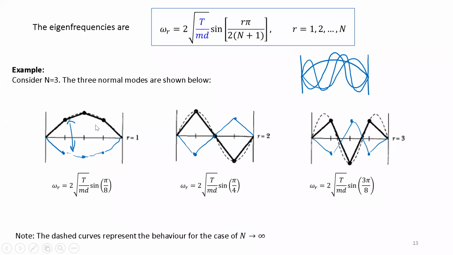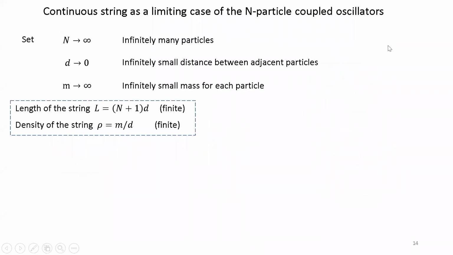And in fact, in all these three pictures, you can see that I do have the dashed lines. And these dashed lines actually represent the behavior if we take the continuous string as the system. So continuous string, mathematically, means that I'm taking this capital N to infinity.